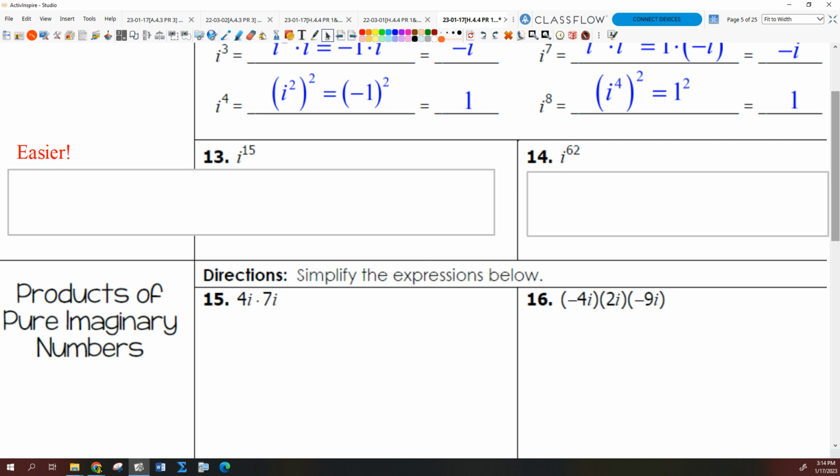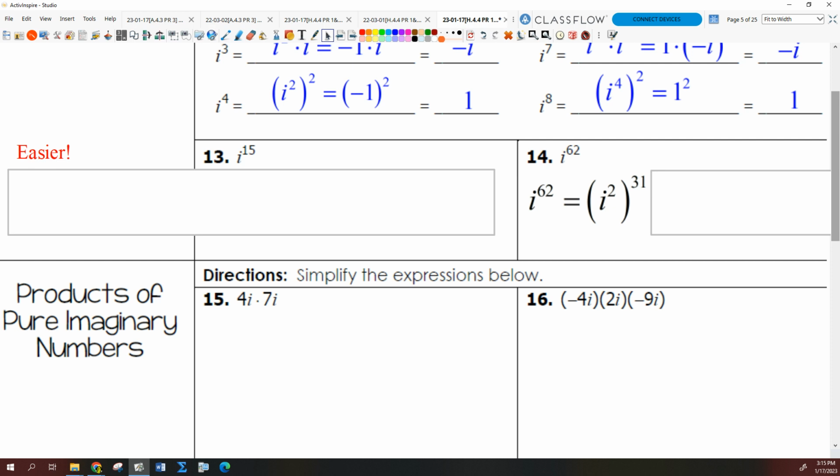I to the 62 I could write as I squared to the 31st. What's I squared equal to? -1. Okay, so what's this become then? An even power of I is always going to be some power of -1. -1 to an odd power is equal to what? -1, right? -1 to an odd power is -1.